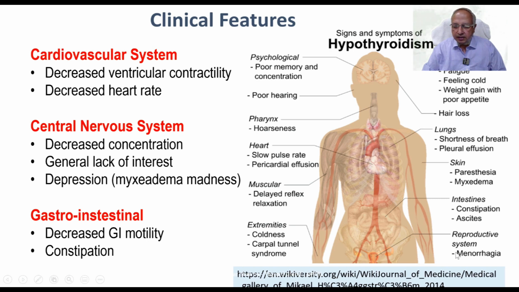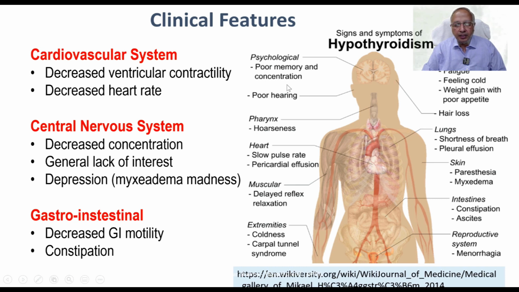In the reproductive system, it might promote menorrhagia because of alteration or pathology of the menstrual cycle. In the skin, it might lead to myxedema. In the lungs, shortness of breath and pleural effusion. Generally speaking, the patient is going to have fatigue, feeling cold all the time. Weight gain might occur even with poor appetite, and hair loss can also occur.